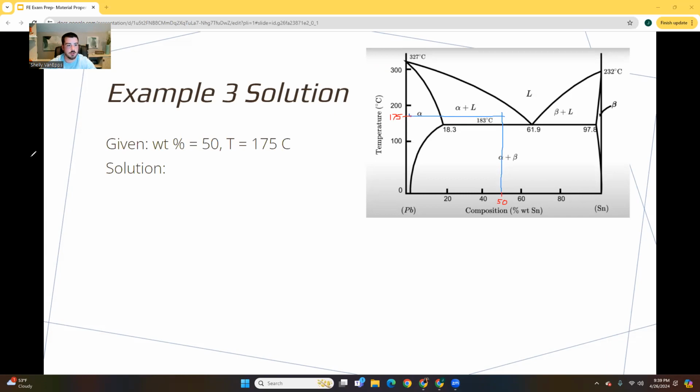Now, this point for this problem is going to be x. That's our x value right there. We can see our x value lands in the alpha plus liquid phase. So that will be our answer to part A: alpha plus liquid.